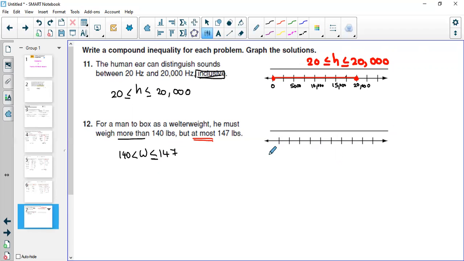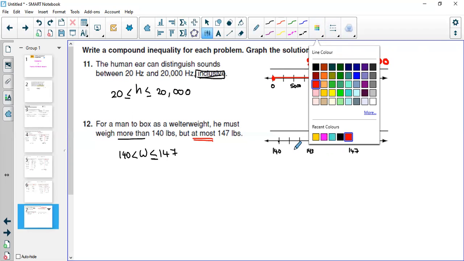Simple. Again, you could start the number line from 140, then 141, 142, 143, 144, 145, 146, and 147. I'm not writing all the numbers because it will look messed up. To graph it, draw the circle on 140.